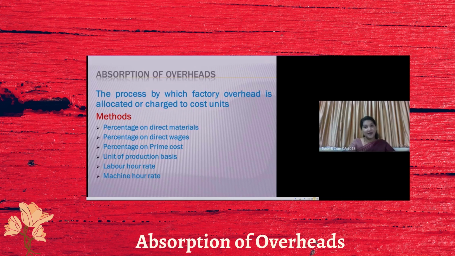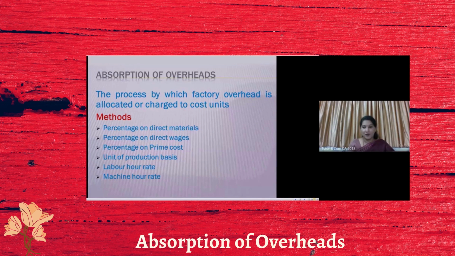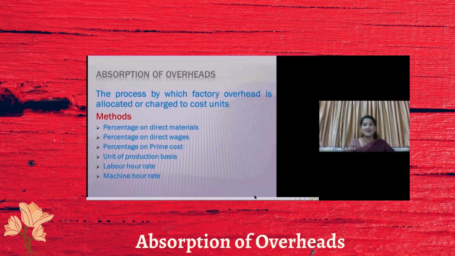As the name indicates, it would be computed on the proportion of direct wages. Then percentage on prime cost. We know that prime cost is the total of direct materials and direct labor. Then we will also talk about the unit of production basis, nothing but the number of units produced. Absorption would be on the basis of the number of units produced.